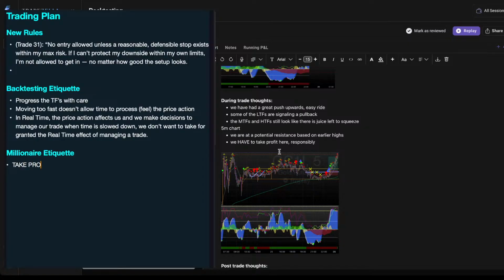Take profit at key zones. Take profit after strong moves. Take profit just to take profit.